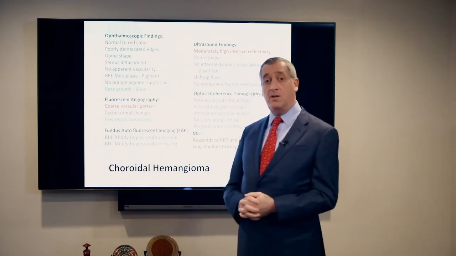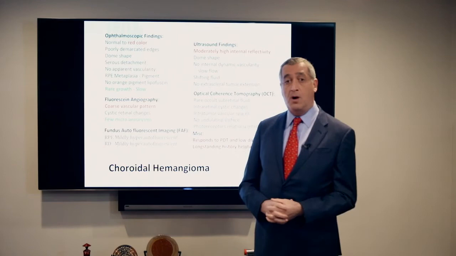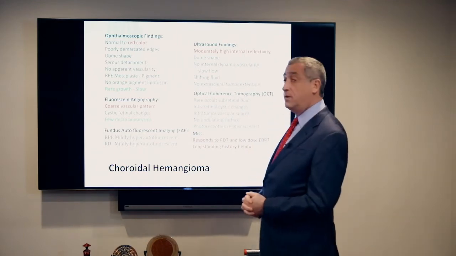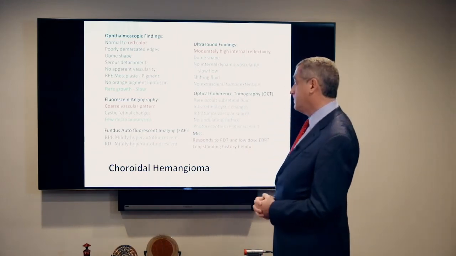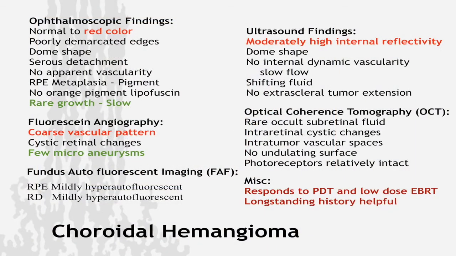On the other hand, oftentimes the patient will come in with a history of hemangioma, which is quite helpful in differentiating it from anything else. It has a very unique fluorescein pattern, which is really quite helpful, called a coarse vascular pattern. And it can have a few microaneurysms like we saw with melanomas and metastatic disease, but nothing like those two.